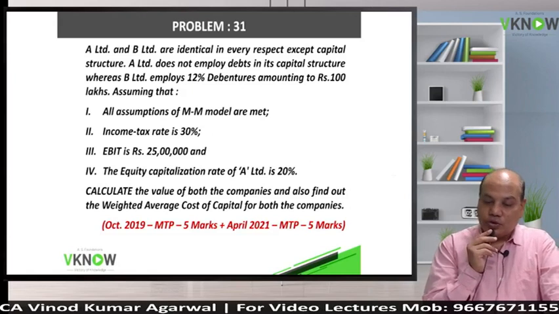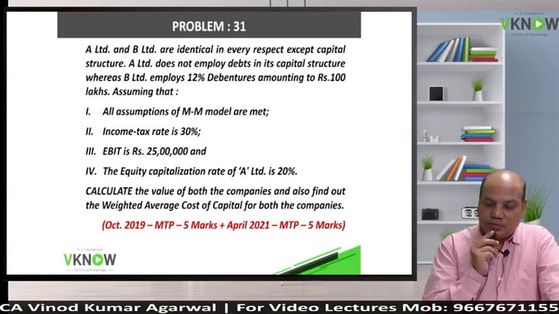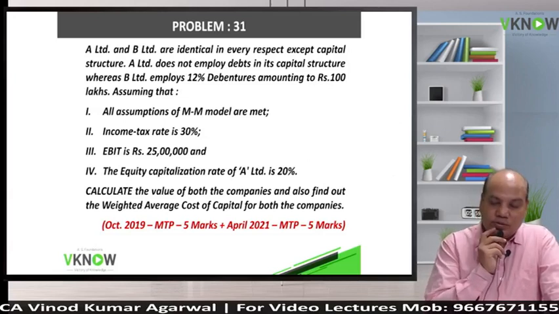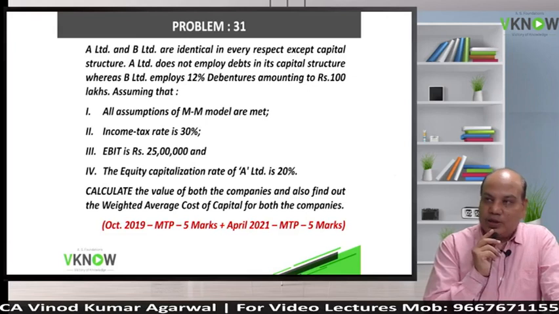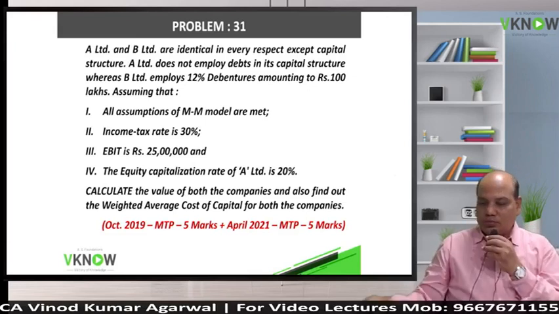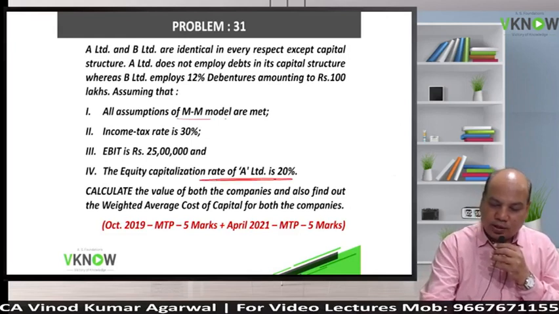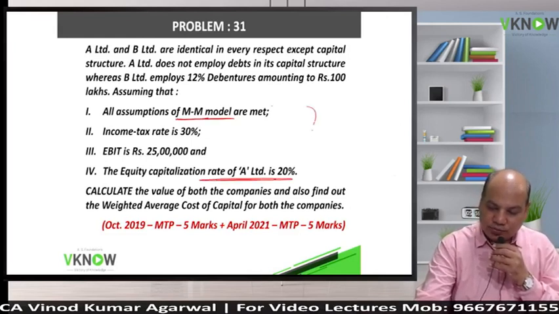Assuming all assumptions of the M&M model are met. Tax rate is also given, so we have to solve the problem with taxation like the one we did previously. 30%. EBIT is rupees 25 lakh. Equity capitalization rate of A Limited is 20%, and A Limited is an unlevered firm. So this is a question of the M&M approach with taxation.